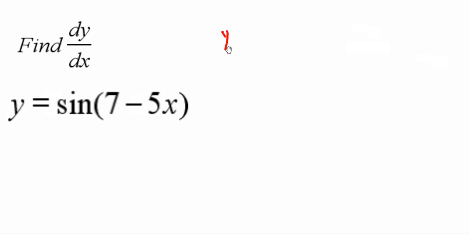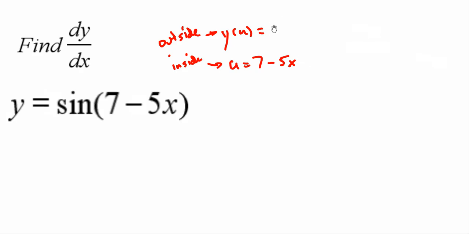How do you figure out the outside? Look at what is inside the parentheses. That is your u, so u is the inside function, 7 minus 5x, and if we take that out, y of u is sine of u.